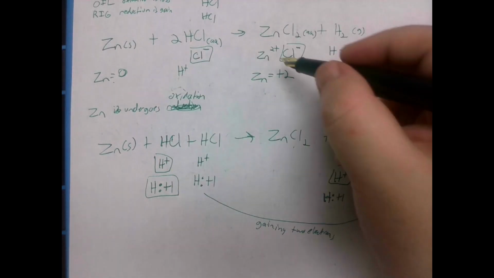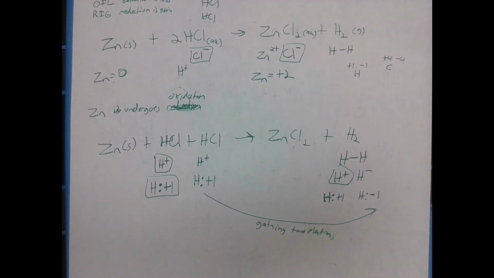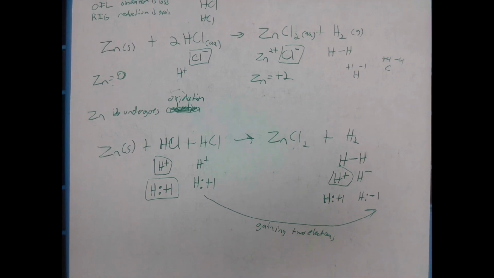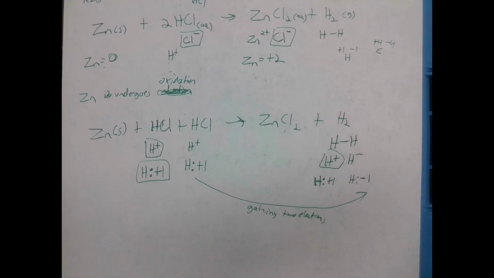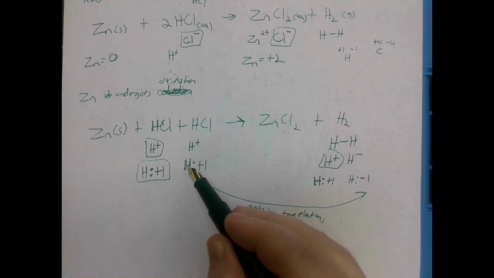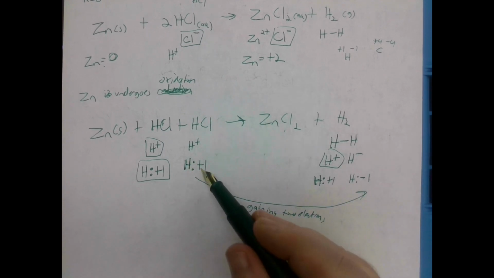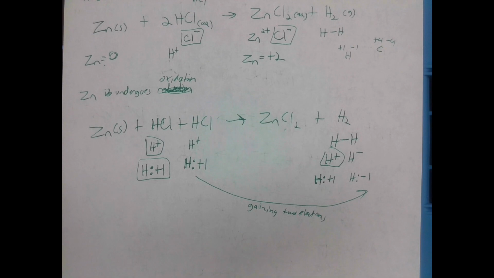It has lost 2 electrons. I even said it, but still wrote it. Reduction. At least I think I did. So this hydrogen has gained 2 electrons to go from +1 to -1. So one of the hydrogen is being reduced.